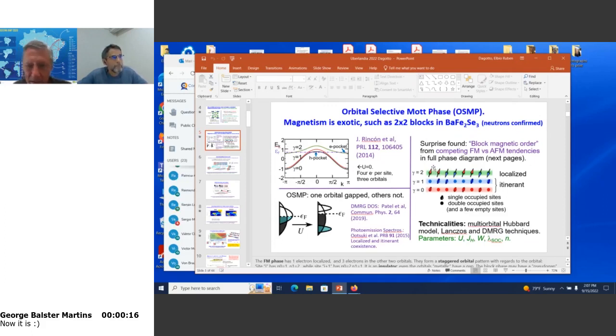That kinetic energy dominates, and so it's a long story, but the short message is that we tried to look for binding of two holes in this type of environment, and we found nothing. It just didn't work.